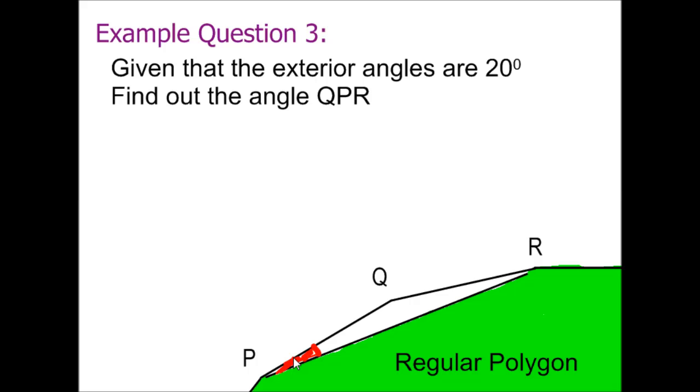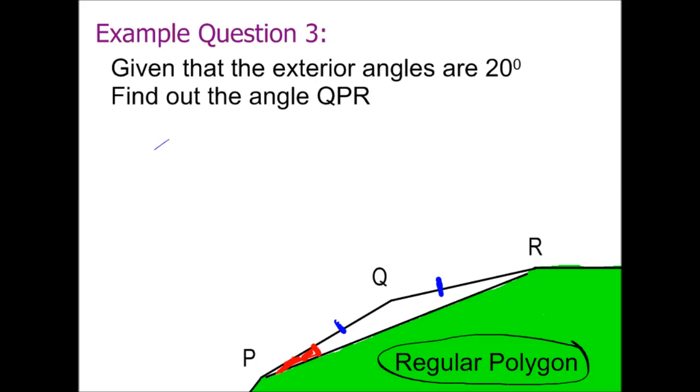Now the way we're going to work this one is firstly by using what's given in the diagram at least, that this is a regular polygon. That means all of the sides are the same length, and that means, with regards to the triangle, that we have an isosceles triangle.